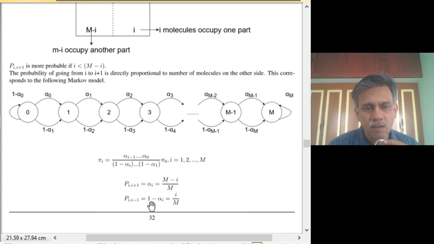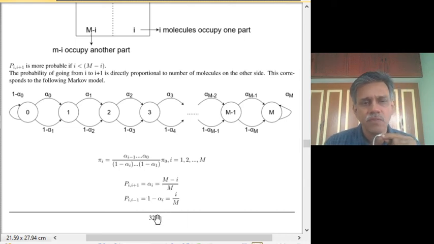That is, from the container having I molecules, the decrease by 1 depends upon I, it is proportional to I, so it is I by m. The increase depends upon the number of molecules on the other side, that is why it is m minus I by m. Why are you dividing by m? Because then only the probabilities add up to 1. We assume that always one molecule will go this way or that, they don't remain. Okay, if you want we can also take that into this model. So this is what we have got.